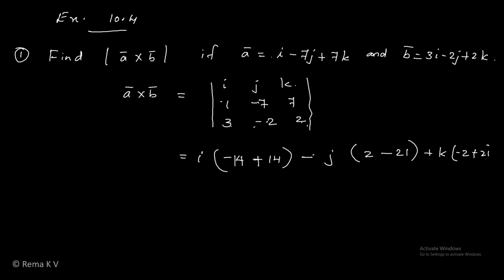So it becomes plus 21 here. So this is equal to 0i minus j into 2 minus 21, which is minus 19. So it becomes plus 19j, then plus 19k.